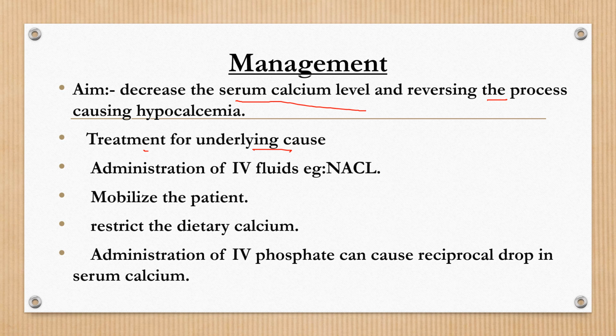Then administration of IV fluids, especially sodium chloride. Then mobilization of the patient; if immobility is the problem, we are supposed to try to mobilize the patient. Then restrict dietary calcium intake, and administration of intravenous phosphate can cause a reciprocal drop in serum calcium level.